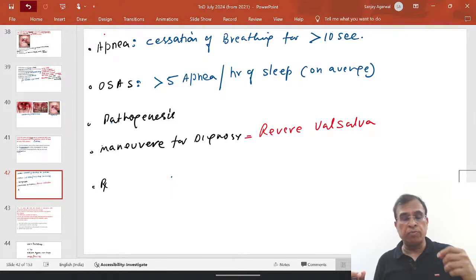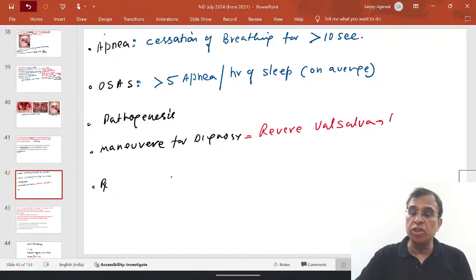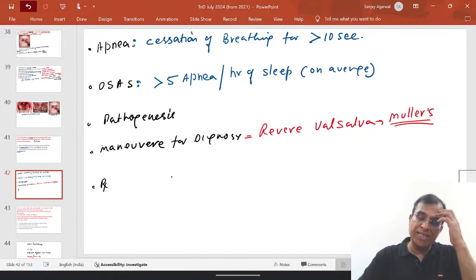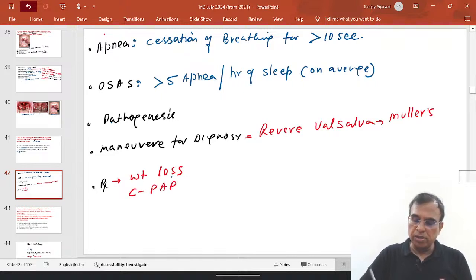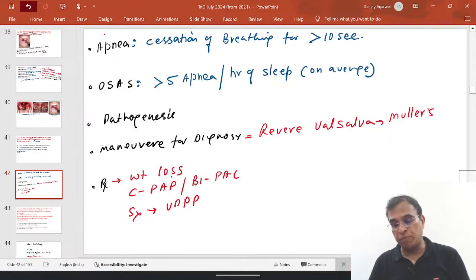In this case, we block the nose and mouth and try to inhale, pulling air in, and this maneuver is also called Muller's maneuver, which can be done for OSAS. In the treatment, weight loss is the first thing. We use CPAP machines, BiPAP machines, and we do surgery like UPPP, which is uvulopalatopharyngoplasty.